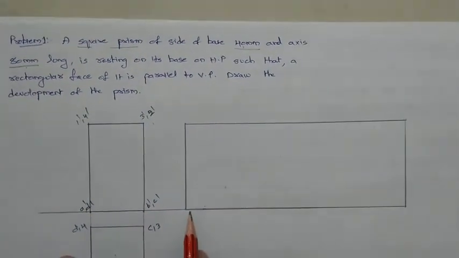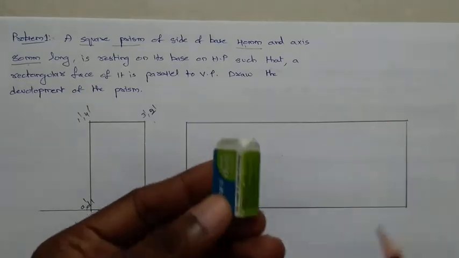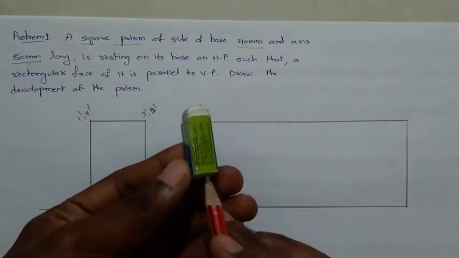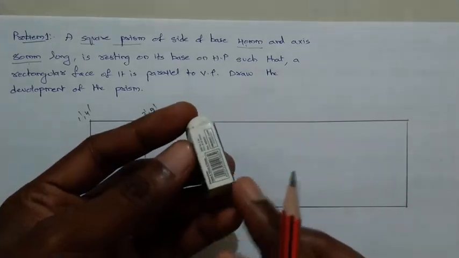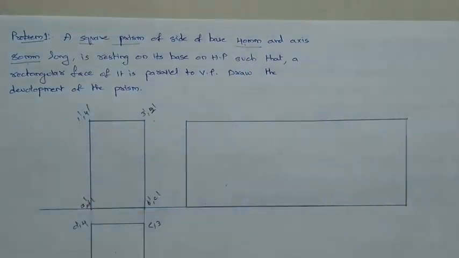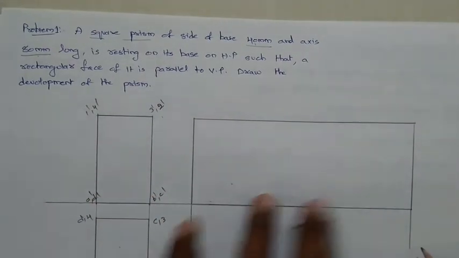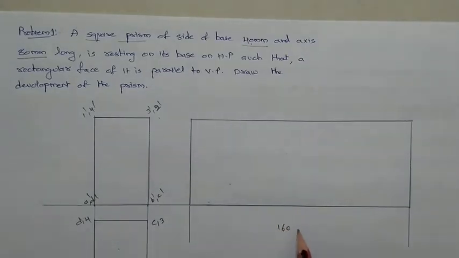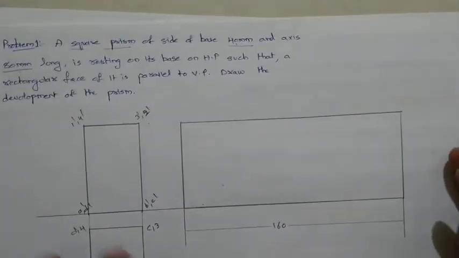Because the length of this rectangular box is nothing but 4 times the side of the square prism. If you see the duster here, this is 1, 2, this is the third side, and this is the fourth side. We have 4 sides. So what is each side length? Each side has length 40. 40 into 4, 160. So this distance is equal to 160, and you know this is mm, right?